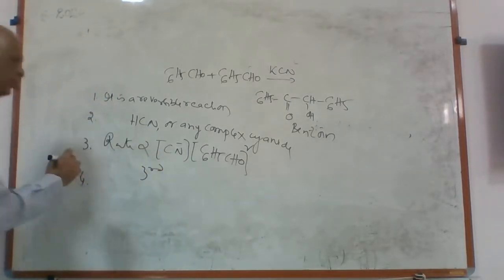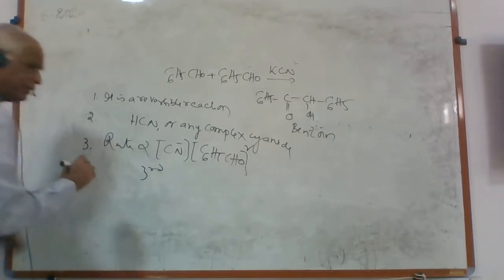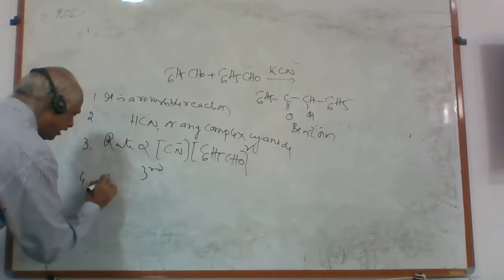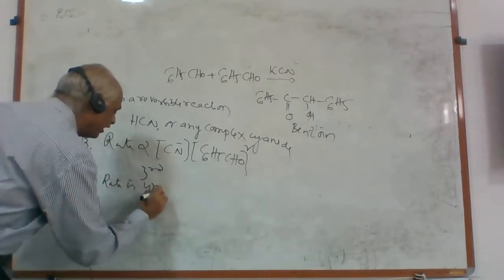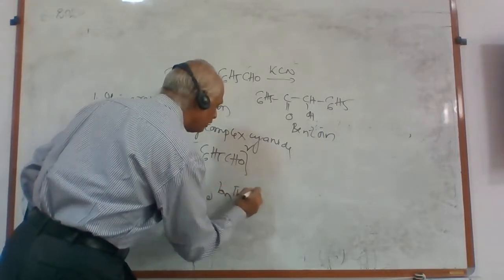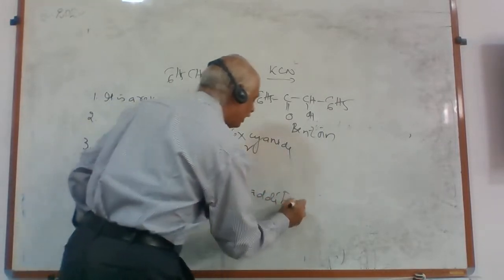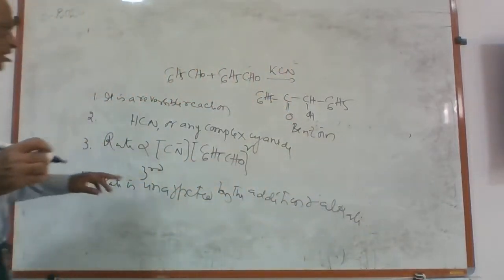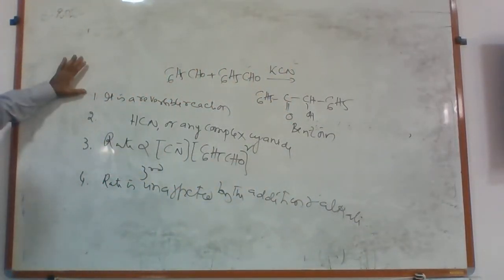Next point is, the rate of reaction is not at all affected by the addition of any alkali. So, rate is unaffected by the addition of alkali. Therefore, these are the salient features of this reaction. It's a reversible reaction.